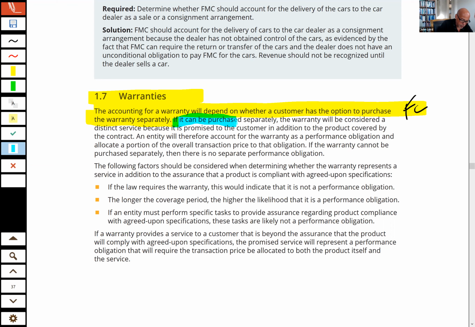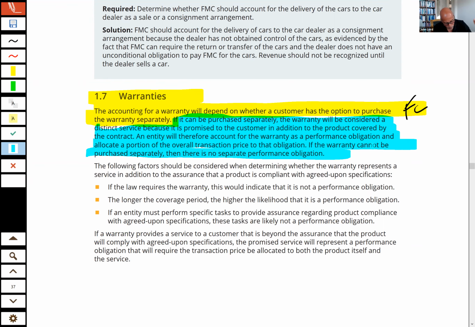If it can be purchased separately, the warranty will be considered a distinct service because it's promised to the customer in addition to the product covered by the contract. The entity will therefore account for the warranty as a performance obligation, allocate a portion of the overall transaction price to the obligation. If the warranty cannot be purchased separately, then there's no separate performance obligation.